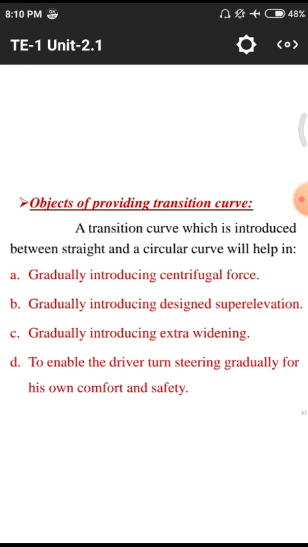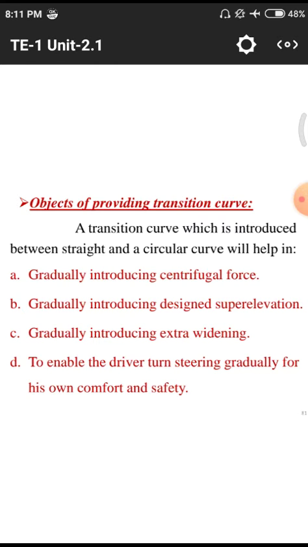The fourth one is to enable the driver to turn the steering gradually, for comfort and safety. The driver has to pay attention while traveling on these radial curves, and first of all the curve should be comfortable and safe for the driver.